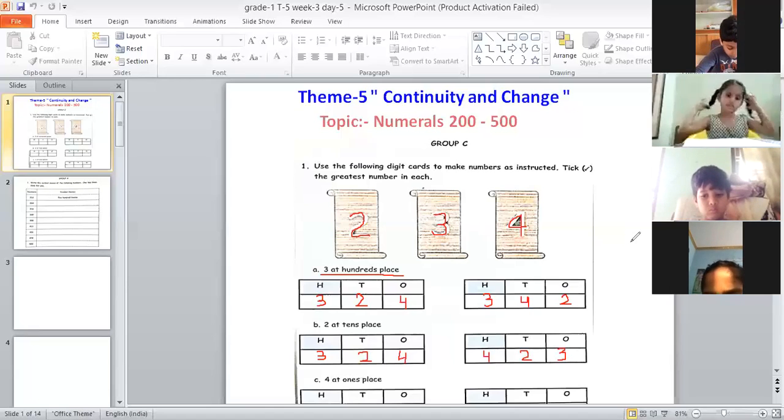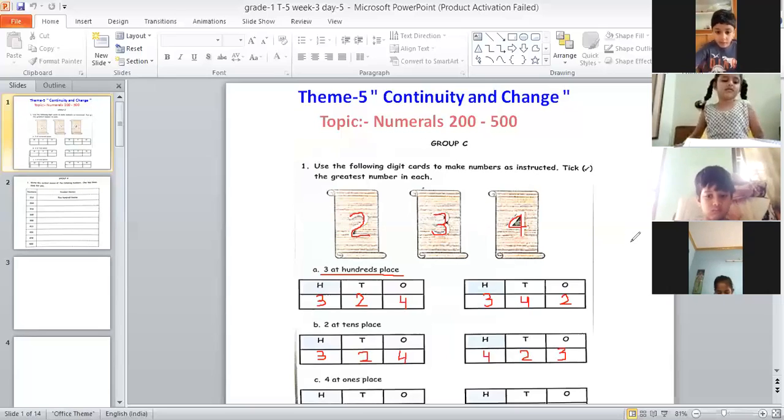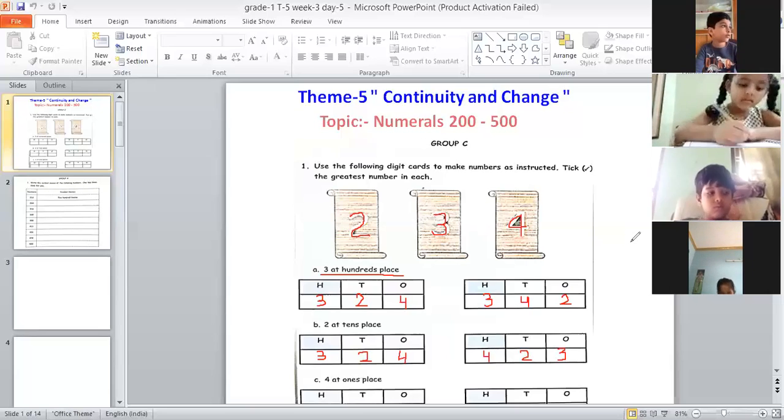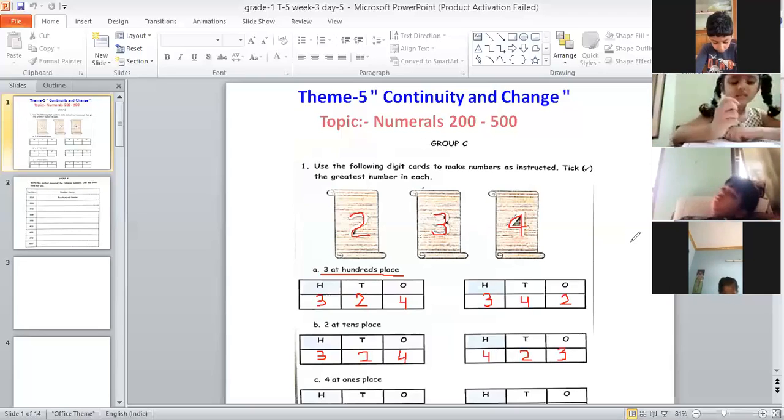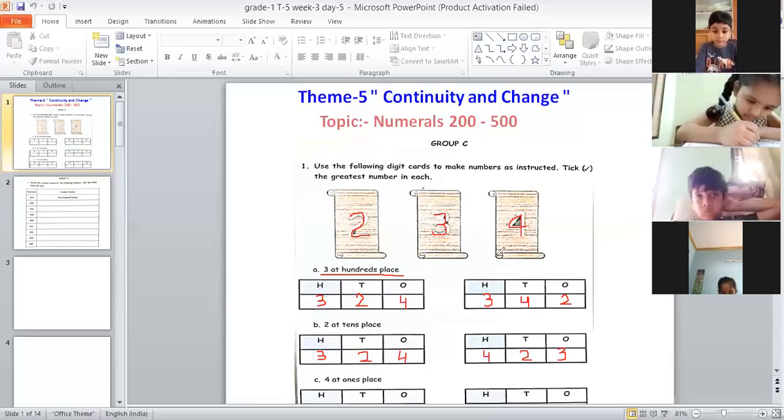Read them. 3 2 4, how will you read 3 2 4? 324. Okay. So the first number is 324. As you all can see, it's there in the first bit.